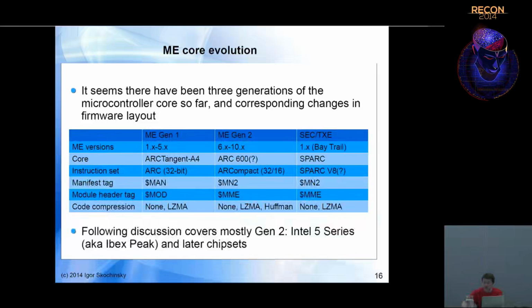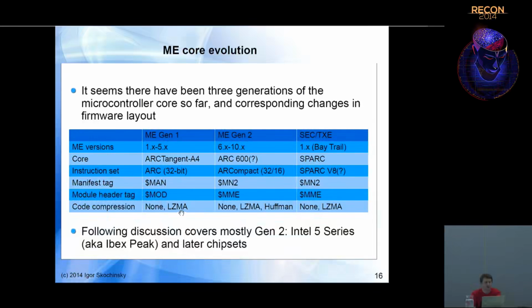So I looked at many different firmwares, and from what I saw, they had roughly three generations of the hardware of this ME. The first versions, up to version 5 or so, were using the Arc Tangent A4, possibly A4 chip, and it was using the 32-bit ARC instruction set, the old instruction set.